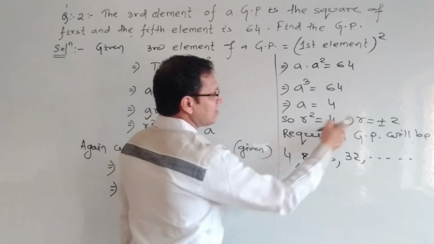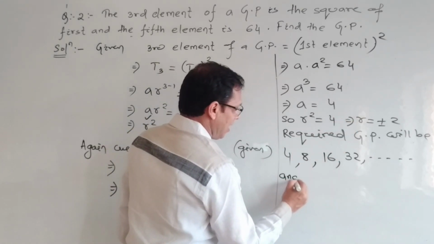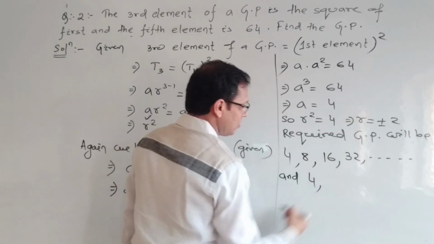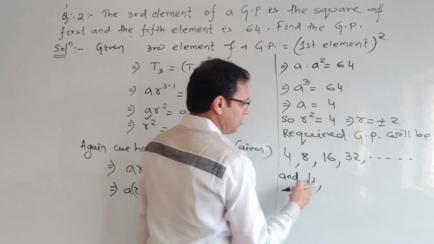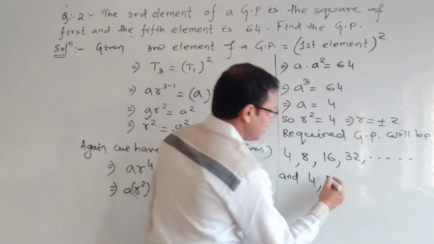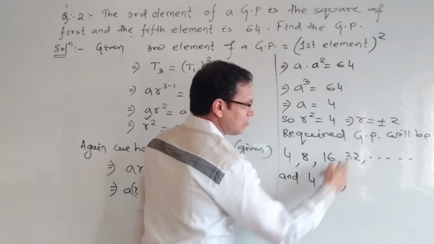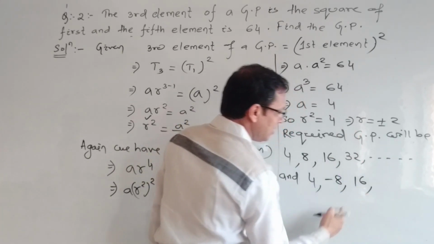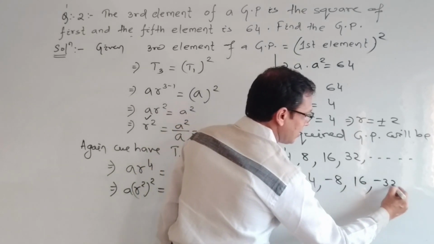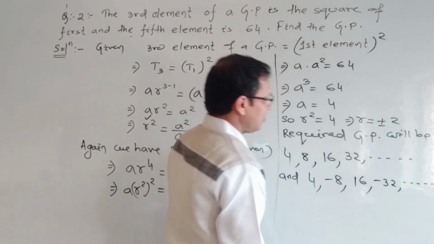And if r is equal to -2, another one is 4. Multiplying the first term by the common ratio -2, you will get -8, -8 into -2 is 16, 16 into -2 is -32, and so on.